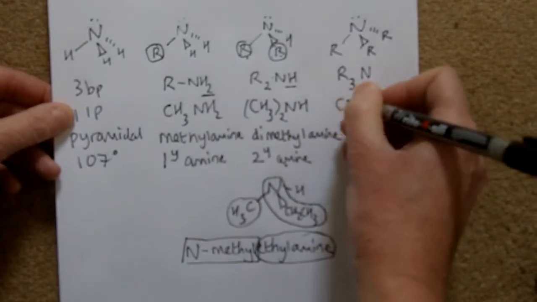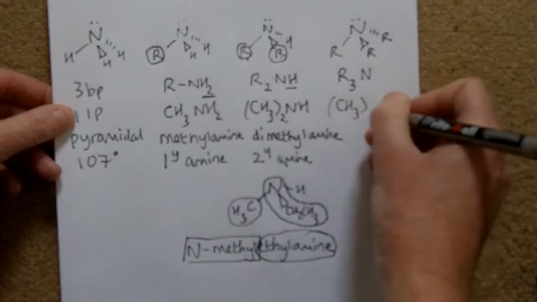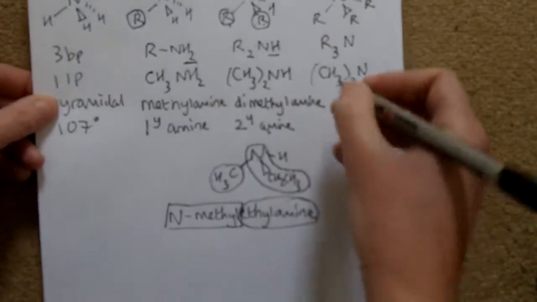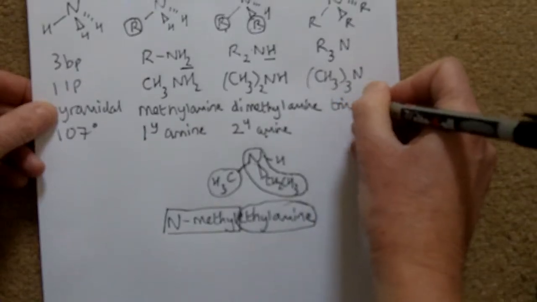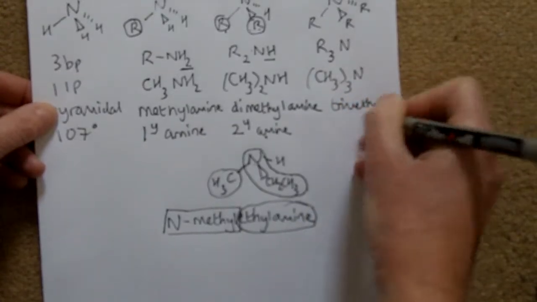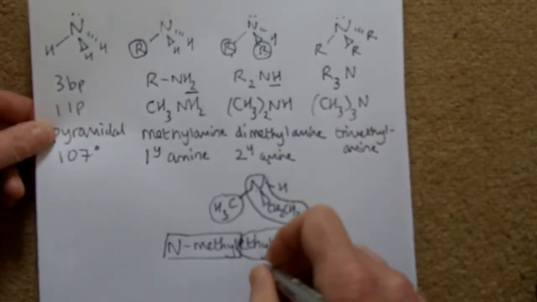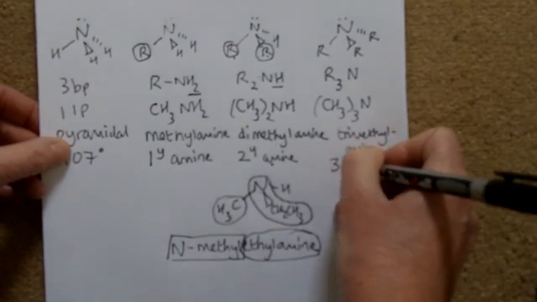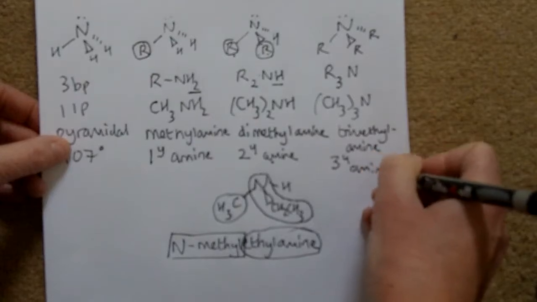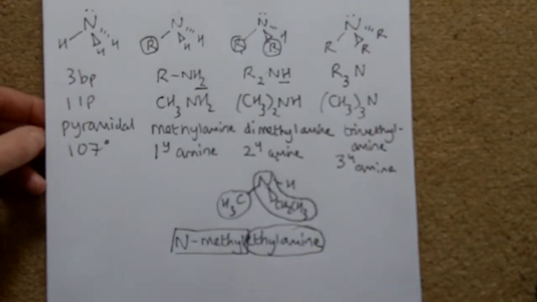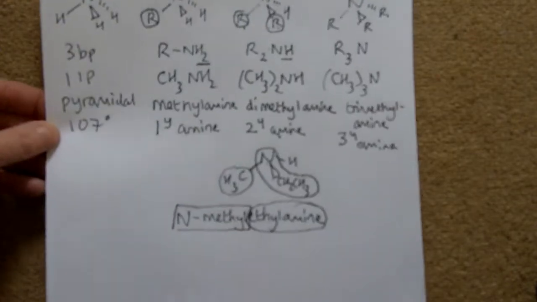So for example, if they were all methyl, that would be called trimethylamine, and it would be a tertiary amine. Tertiary amine.